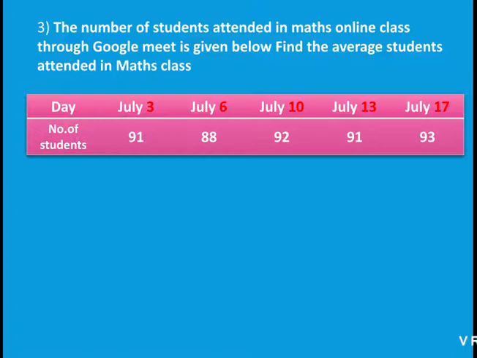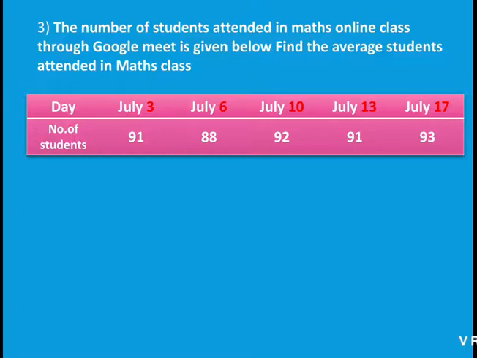Total 5 dates are here. July 3, July 6, July 10, July 13 and July 17. On July 3, 91, on July 6, 88 and so on. We find the mean or average students attended in Maths class.